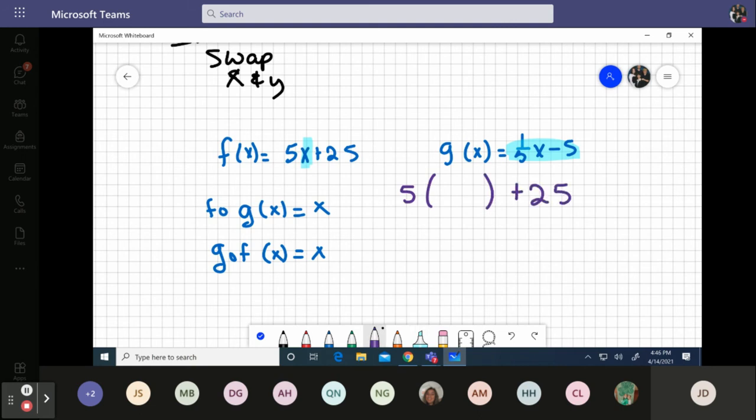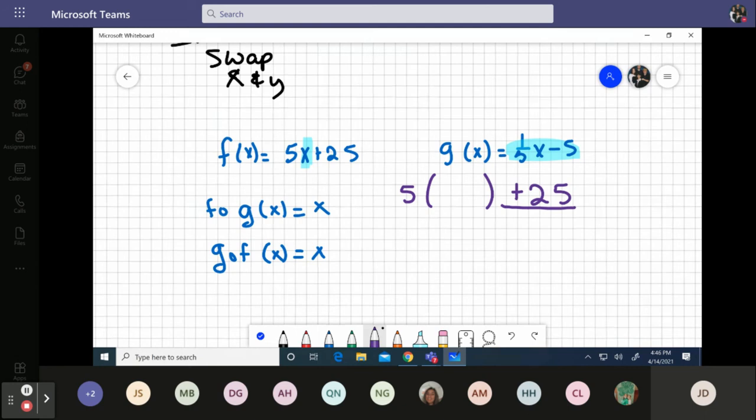plus 25. And I would say probably 40 to 50% of the time, guys, that people get this problem wrong is because this last number back here always gets forgotten. People will plug this in for that x and distribute that 5, and there's the answer.